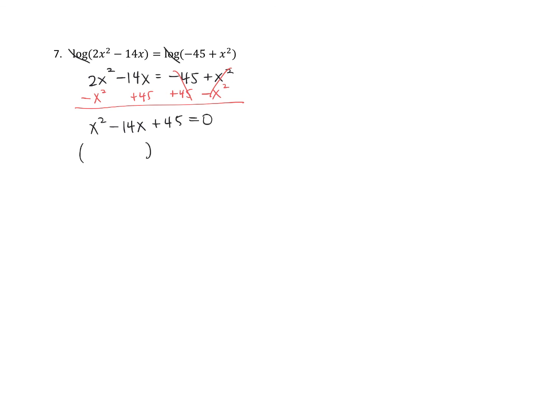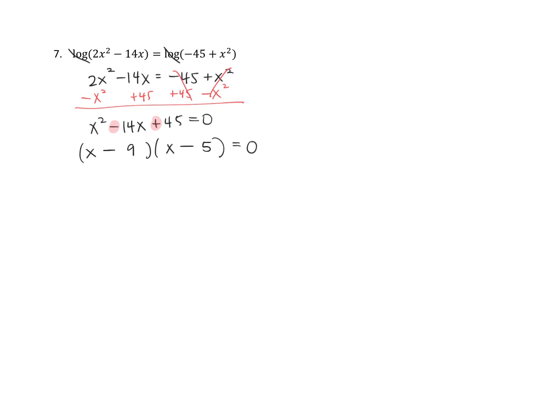I'm going to try to factor this. So I'll have x. Since the sign back here is positive, that means both of my signs are going to be the same. And since that sign is negative, they'll both be minus. What multiplies to 45 and adds to 14? 9 times 5. So there are my factors.